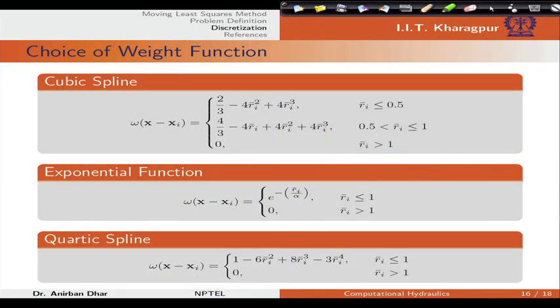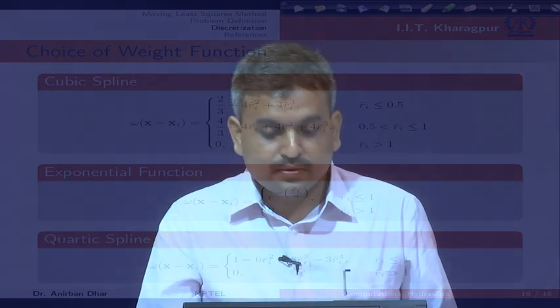But in case of MLS we are not getting any explicit form of the equation. Indirectly we need to solve the equation, and then only we can get the solution out of this method. Thank you.